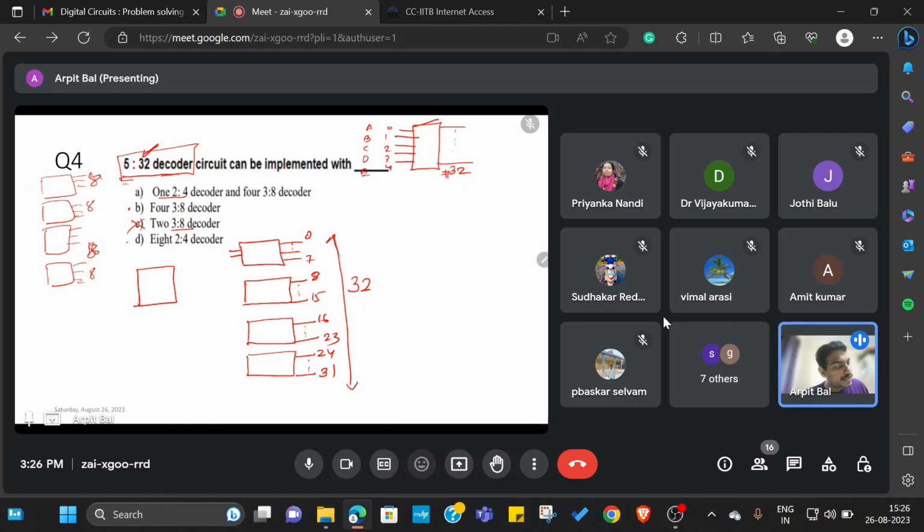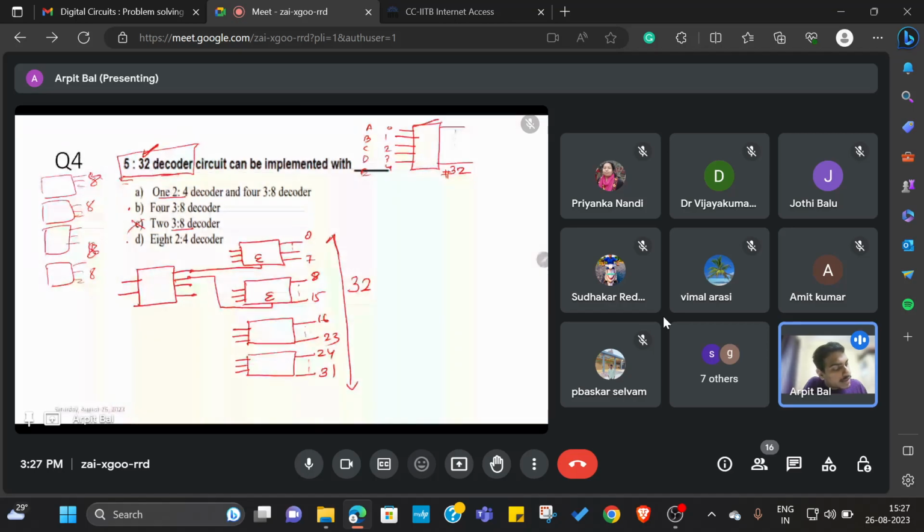But now these are 3:8 decoders, right? So where will these 3 lines go? And we have a 2:4. Here you can observe that we have 4 intermediate outputs. So we can connect them to the 4 decoders that are available, and this is the decoder enable.